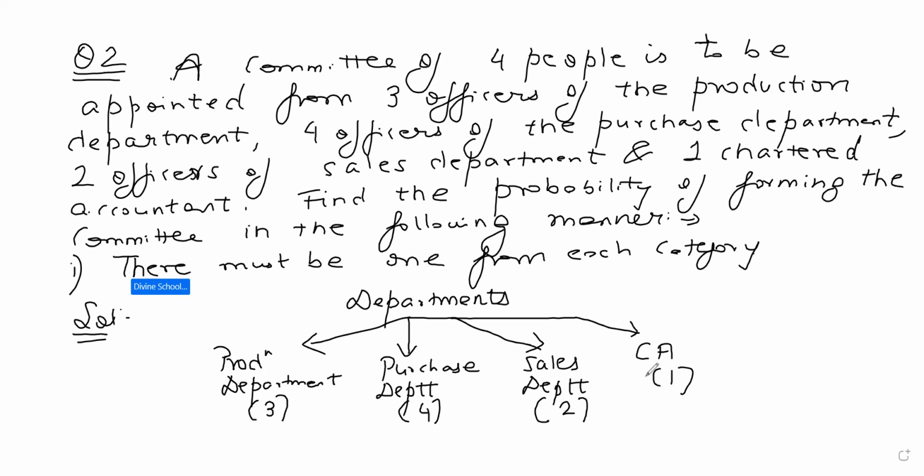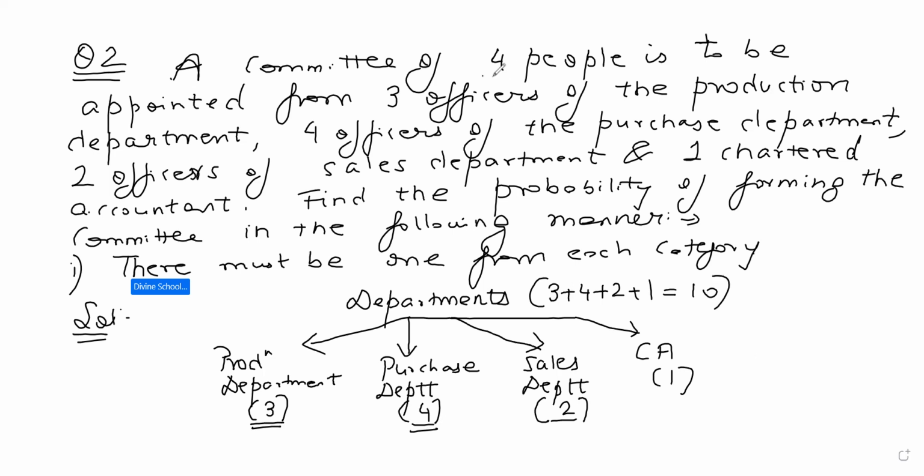Okay. So what are the total number of ways? First of all, what is the total strength of the department? Okay, 3 are in the production, 4 are in the purchase. So 3 plus 4 plus 2 plus 1 CA. So the total number of people in the department is 3 plus 4 plus 2 plus 1, which is 10. That means there are 10 people working in the department.